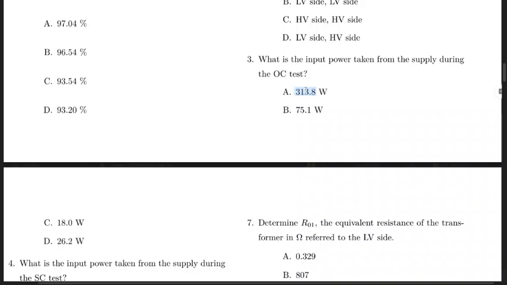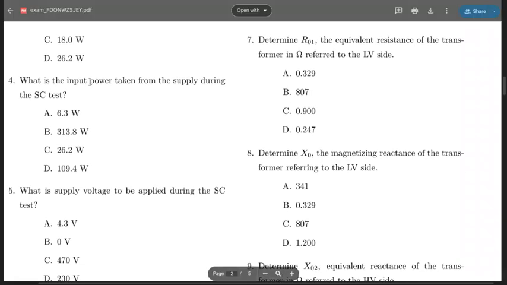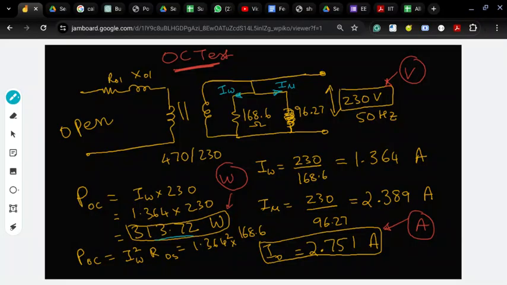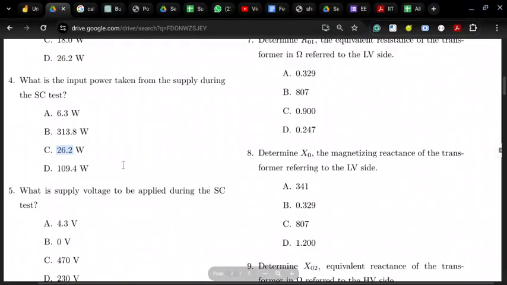So my answer is A for the third one. Fourth one, what is the input power taken from the supply during the short circuit test? 26.2, I remember this. During the short circuit test, the input power taken is 26.2. So that is the answer.